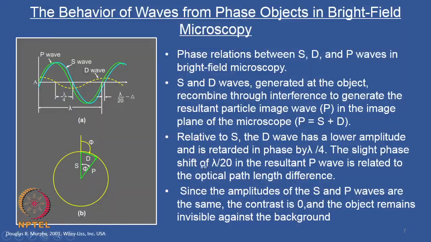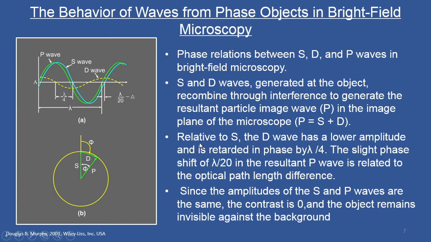Since the amplitudes of the S and P waves are the same, the contrast is 0. Please remember, we are now talking about how phase objects appear under bright field illumination. Since the amplitudes of the S and P waves are the same, the contrast is 0 and the object remains invisible against the background.